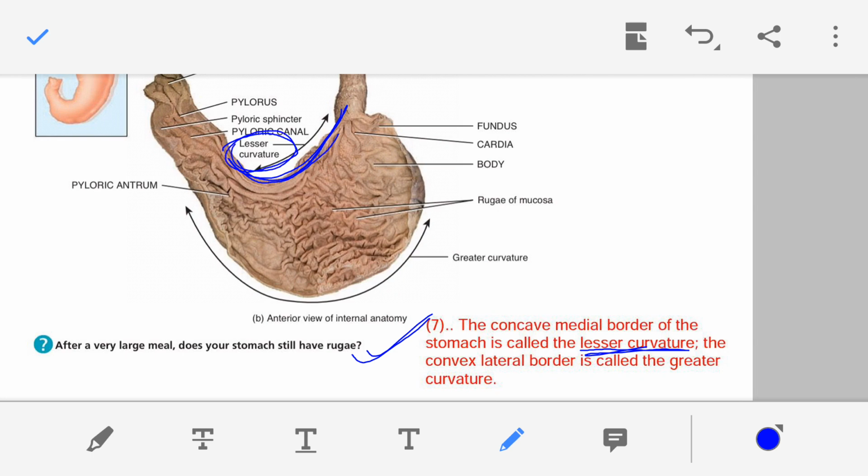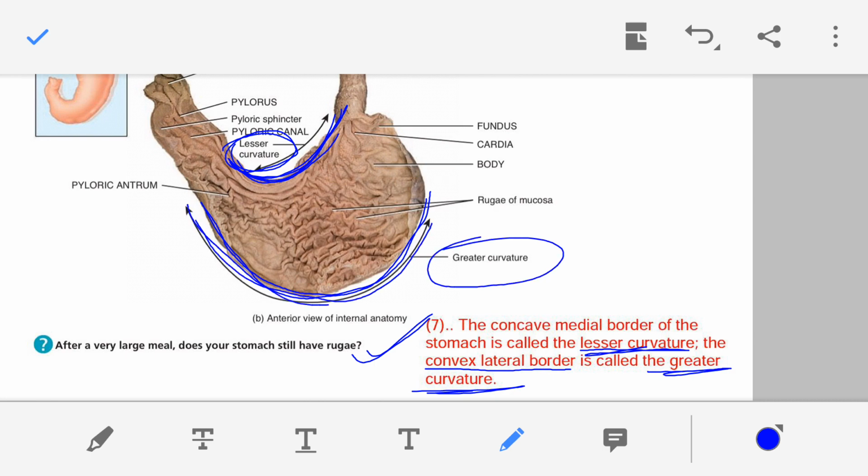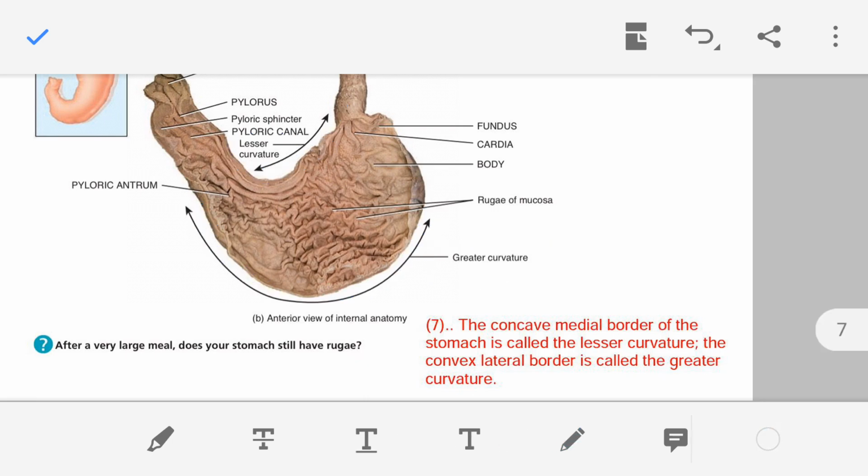This part is the lesser curvature, and the convex lateral border is known as the greater curvature. Here you can see this is the greater curvature.